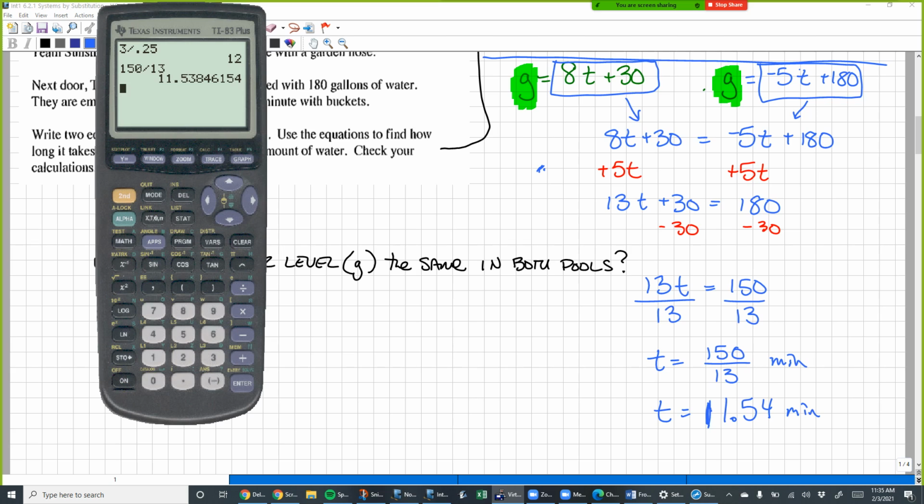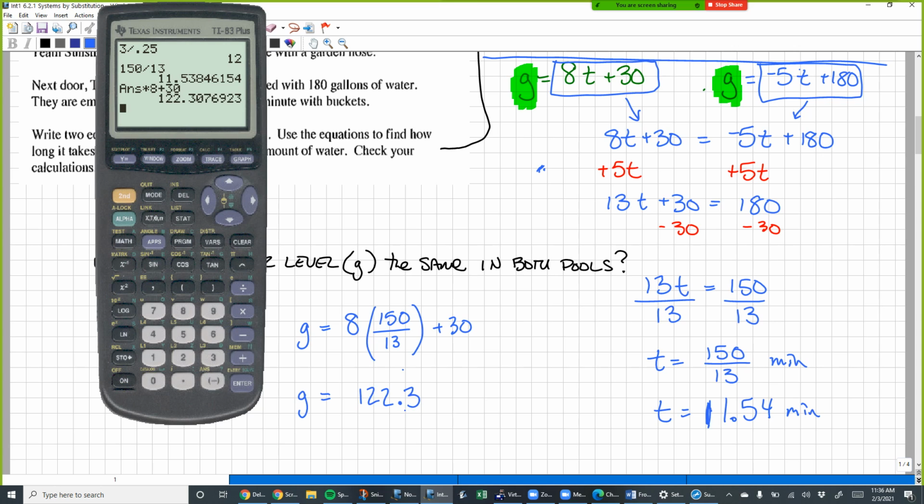So the number of gallons I get right here: 8 times 150 over 13 plus 30. So I take that times 8 plus 30. Let's see if that's equal.